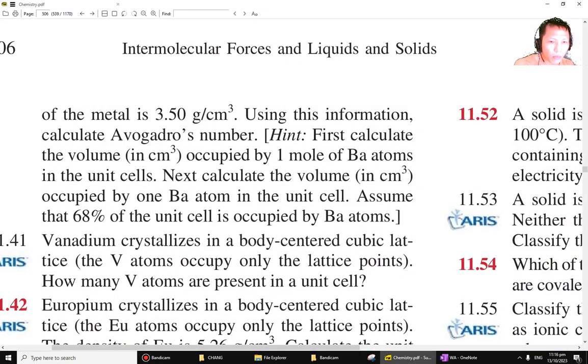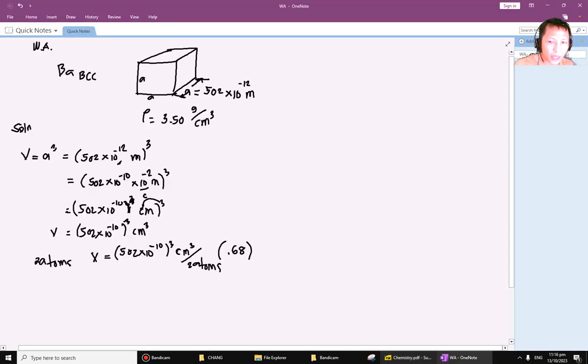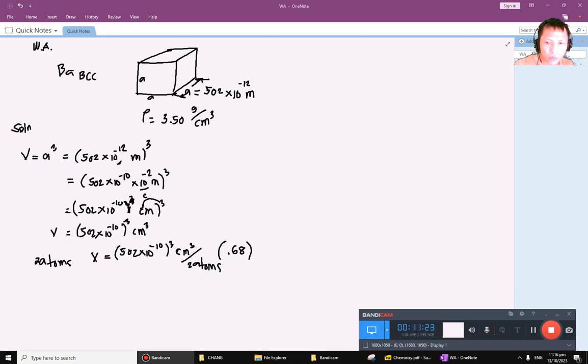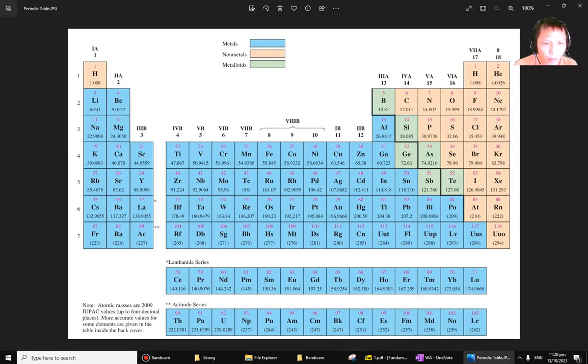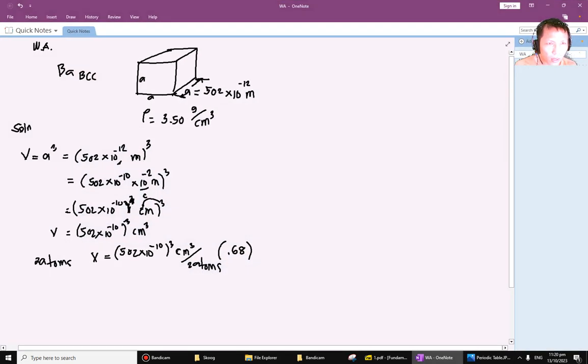Let me pause first and let me get a periodic table. Okay, I pulled out a periodic table here. So we can look at barium, and barium has 137.327.